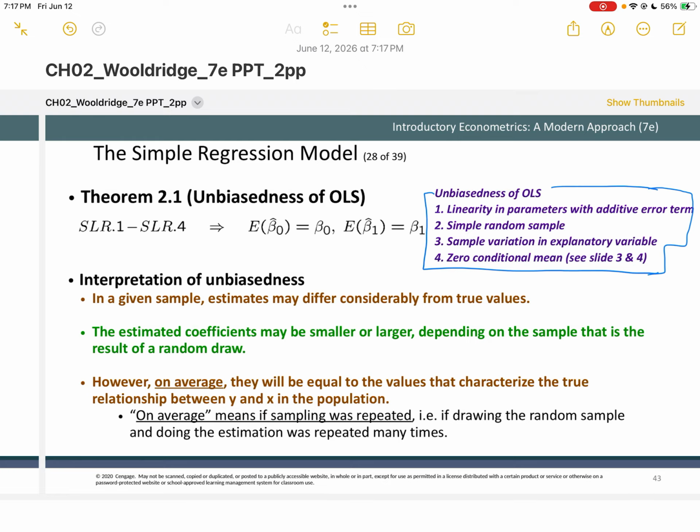So if I take one sample out of the population and calculate beta 0 hat and beta 1 hat, and I take another sample from the population and calculate another set of beta 0 and beta 1 hat, they will be different from each other, and they will be different from the true value. But on average, the estimate should center on the true value.